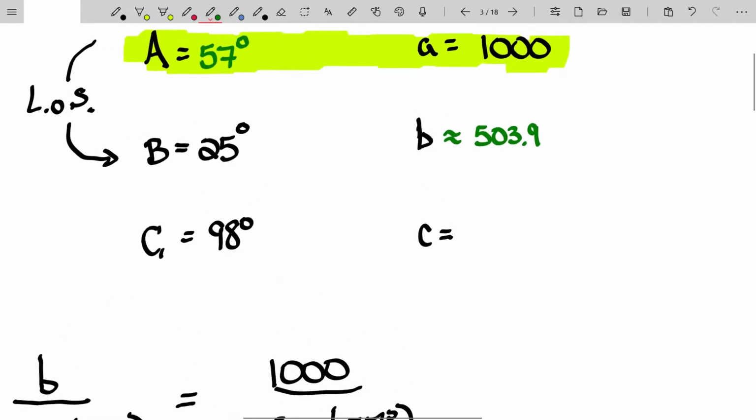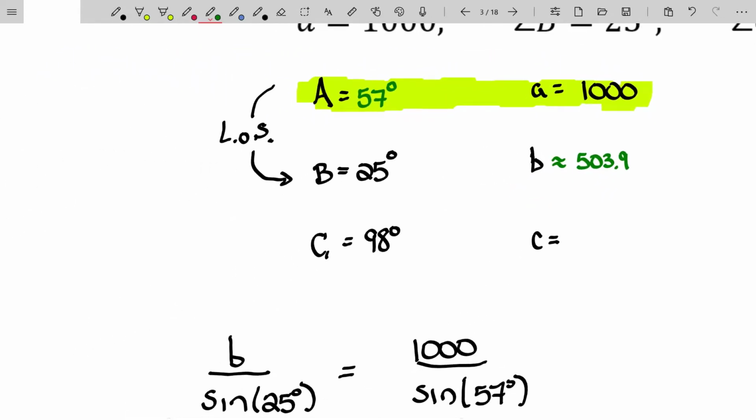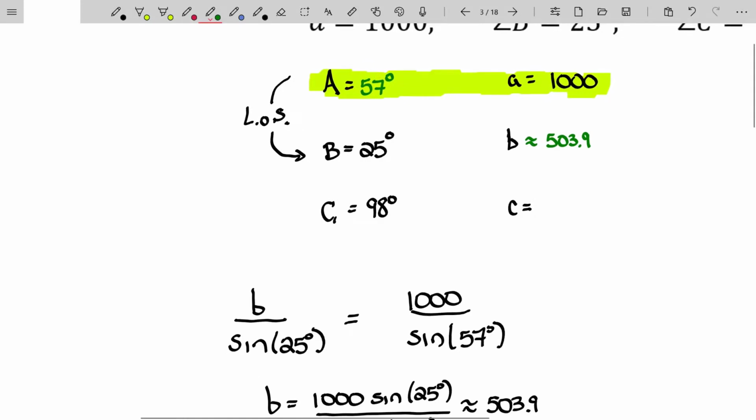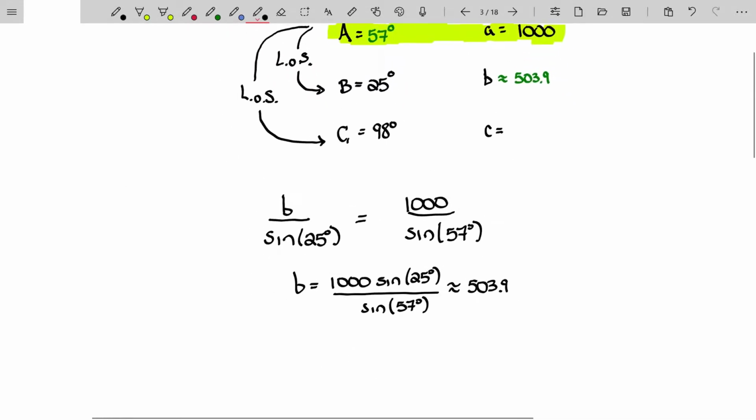So I'm not going to use this second full row to help me find the third full row. That would be a bad idea. You want to use a good clean row to help yourself find values. So I'm going to use that first row again to help me find that unknown C. And that's just because you'll suffer from round-off error if you end up using approximated values.